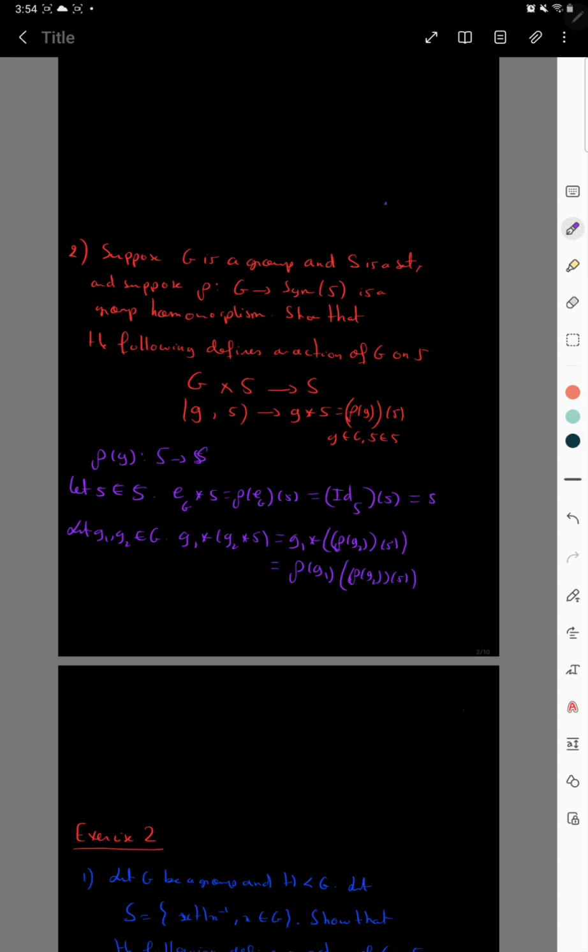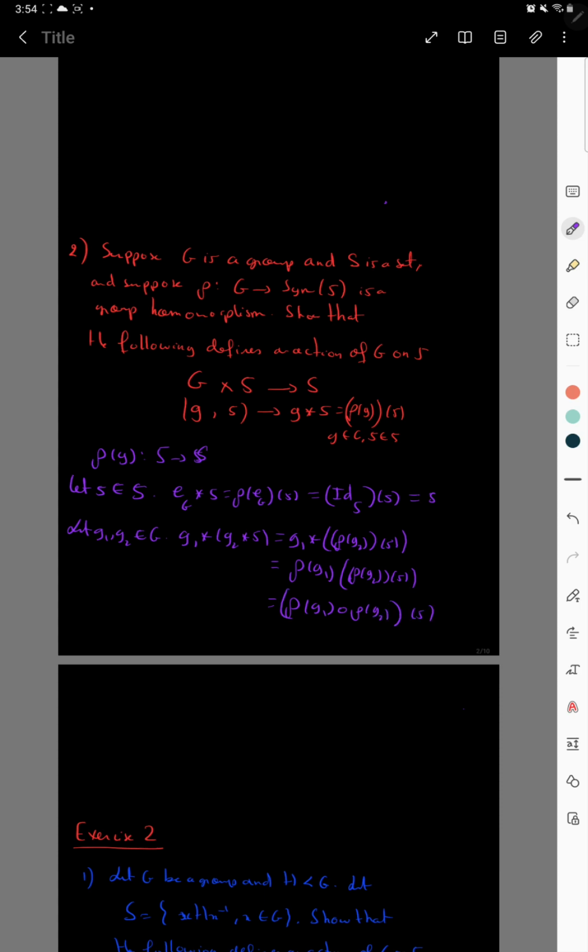The notation may be confusing here, but rho of g is just a function. Oh, it's a bijection, but it's a function. So this is just rho of g1 composed with rho of g2, these are functions on S, applied to little s. Now, since rho is a homomorphism, this is just rho of g1g2 of s, which is by definition g1g2 star s. Hence, star defines a group action.